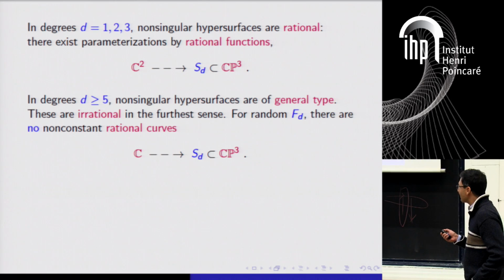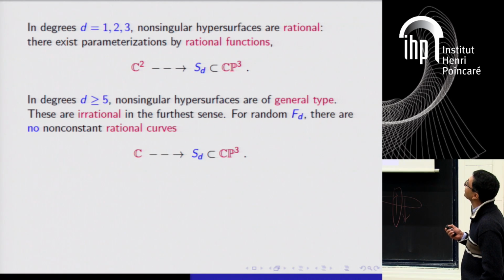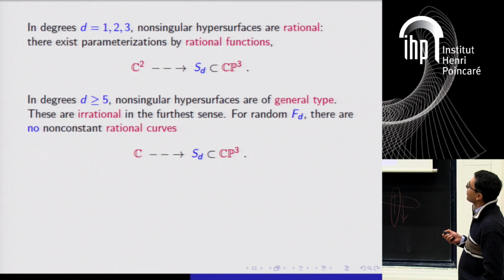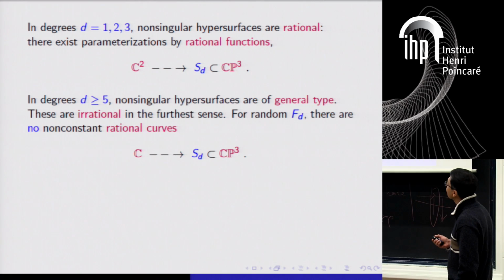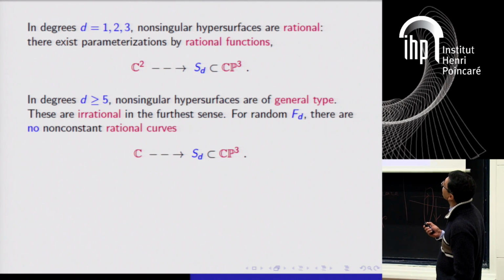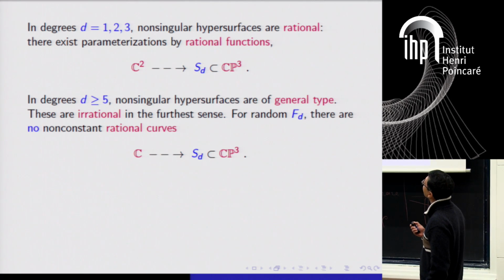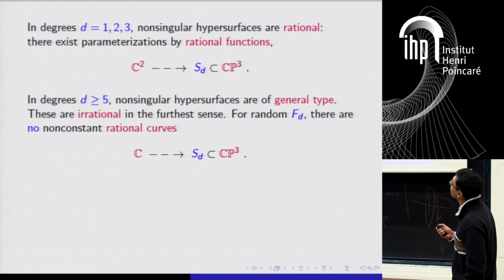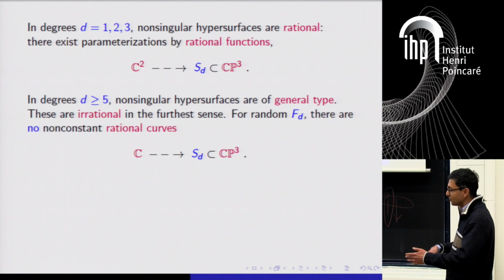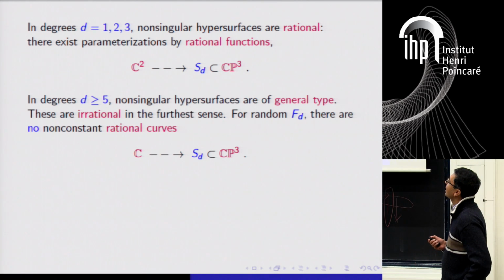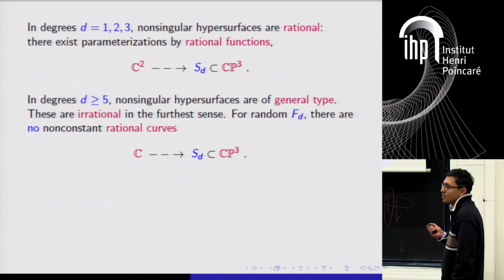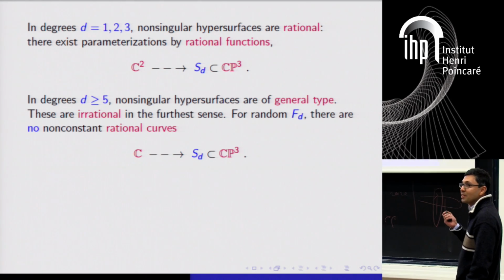Not only can you not parameterize the whole surface by two variables, you cannot even find any map of the complex numbers given by rational functions there. None at all. So what happens is there's this transition here. In degrees 1, 2, and 3, the whole surface is rational, and you can find lots of rational curves. And in degree greater than 5, there's almost none. In fact, they can be taken to be none at all.